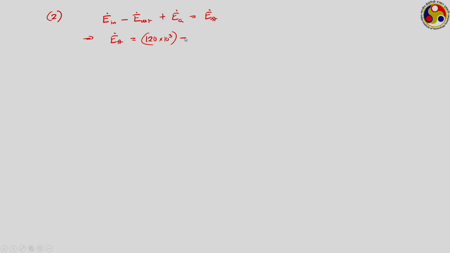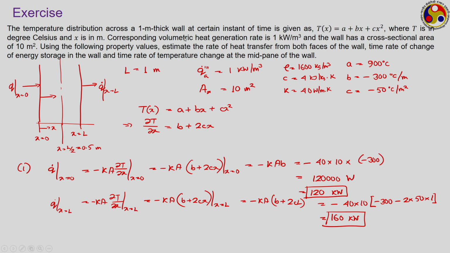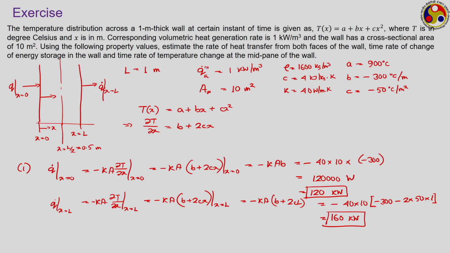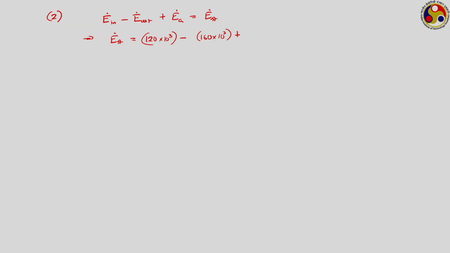E dot out, that is energy going out through the x equal to L face, which we have calculated to be 160 kilowatt. So it is 160 into 10 cube, plus energy generation. We have an energy generation in this case, which is given as 1 kilowatt per meter cube, so it is 1 into 10 cube watt per meter cube.